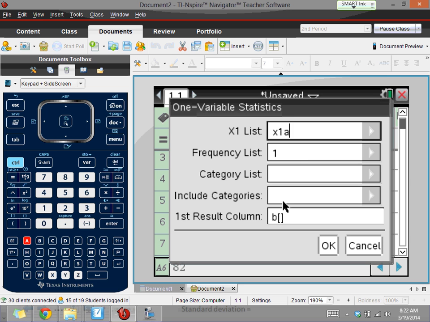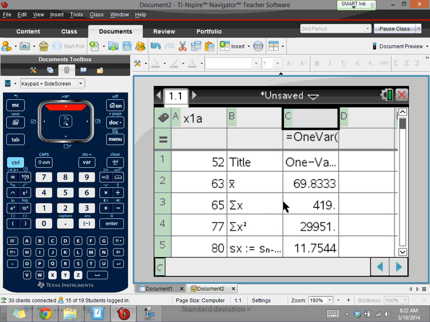Menu, stat calculations. Everybody caught up? Do not let me leave you behind. If you get left behind, it's on you. Go back up to the top so we're all on the same page.